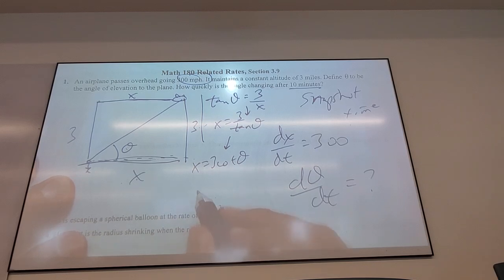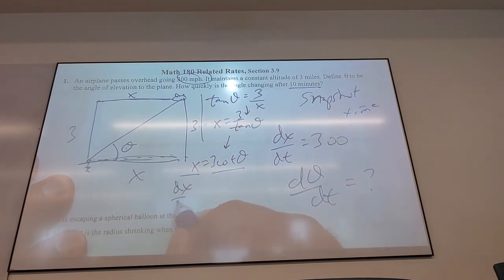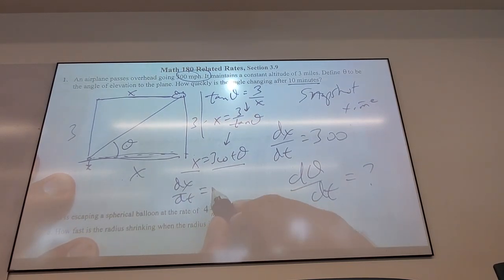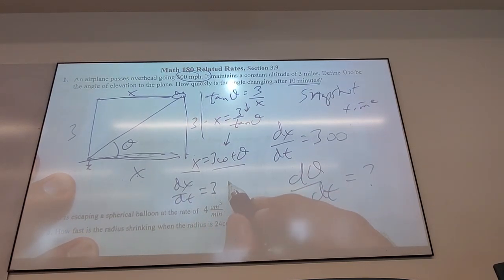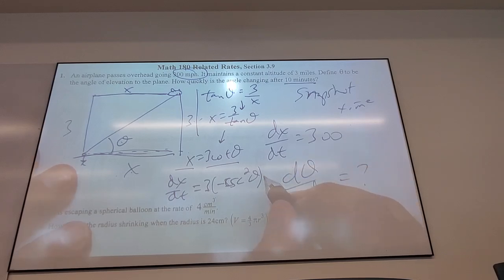It's dx/dt. What's the derivative of cotangent? Cosecant squared θ times, or 3 cotangent, dθ/dt. Okay, I got too much stuff going on here.